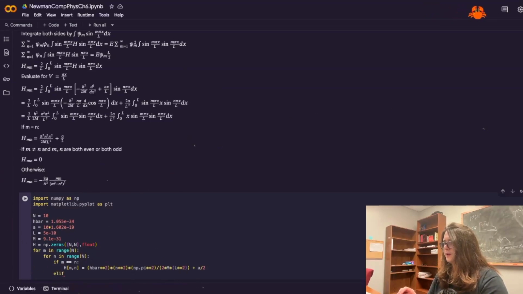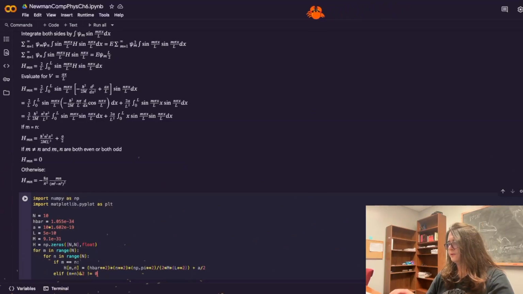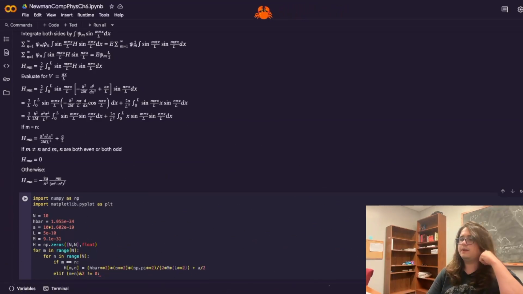In the case where m is not equal to n and one of them is even and one of them is odd, the best way to create that if statement is to just add them up. Say, otherwise, if m plus n mod 2 is not equal to 0, then odd number plus odd number gives you an even number, and so does an even number plus an even number.